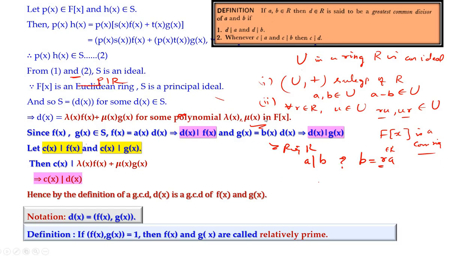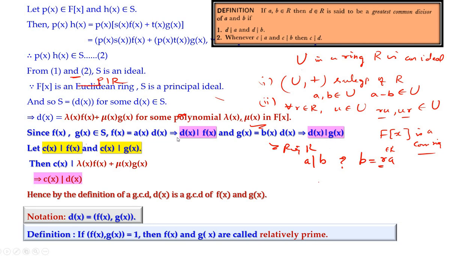So we have d(x) dividing f(x), and similarly g(x) belongs to S, which is generated by d(x), so g(x) is b(x) times d(x). By the same definition, which holds both ways, d(x) divides g(x).